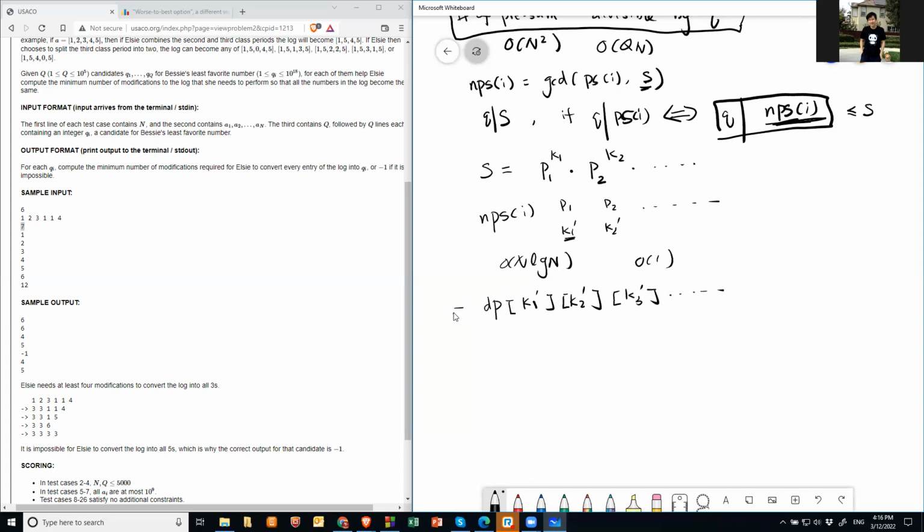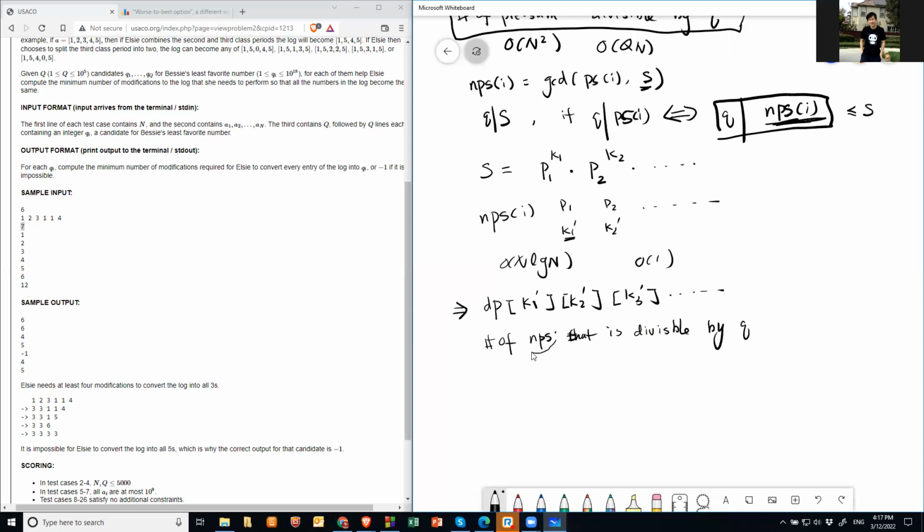If I can do this DP, then when I look at each Q, I can easily calculate how many new pre-sums are divisible by Q, right?